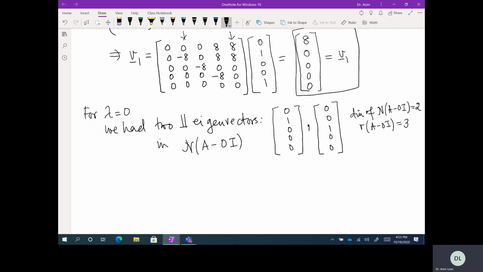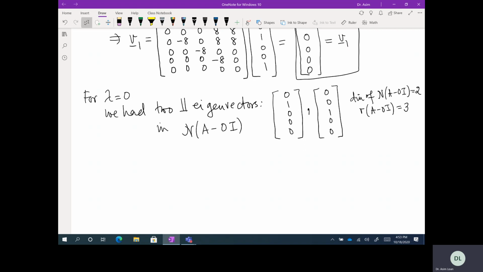Okay. So let's do (A minus 0I) squared, which is simply A squared. So let me do A squared.